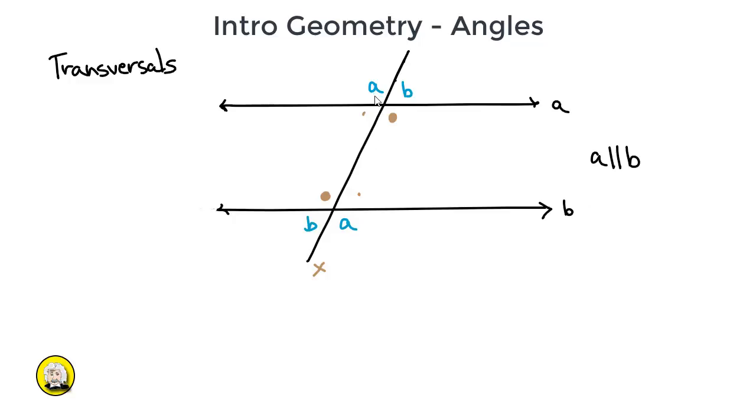So A and A are alternate exterior angles. They're outside the parallel lines, but on alternate sides of the transversal line. They are congruent. Alternate exterior angles are also congruent. B and B are also alternate exterior angles, and they too are congruent.